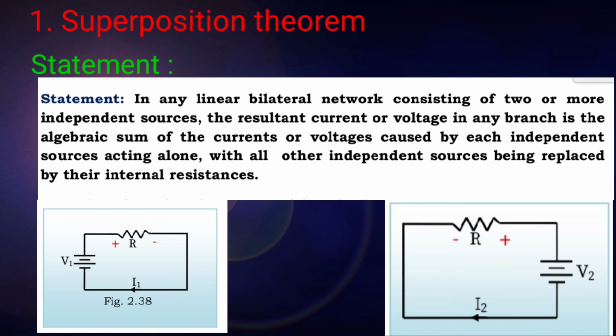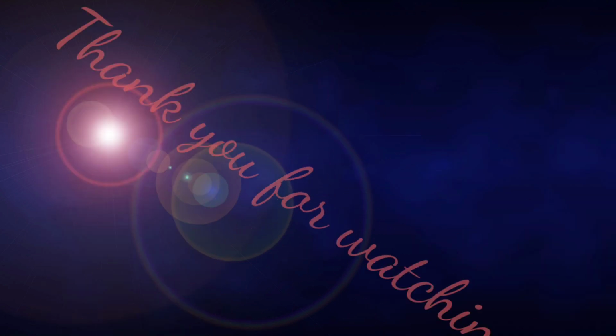That is the algebraic sum of the currents or voltages caused by each independent source acting alone when all other independent sources are replaced by their internal resistances. This is the theorem, and this theorem will give us the knowledge of how superposition can be applied. Okay, thank you, students.